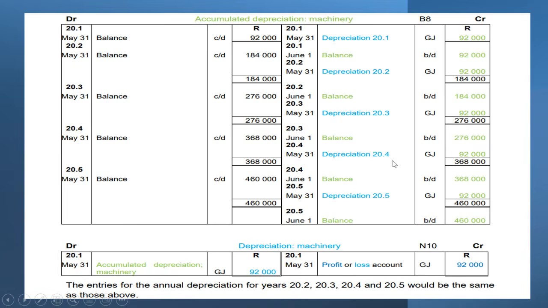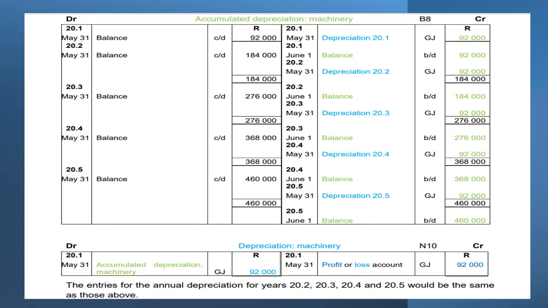You will repeat the same until we get to 460,000, and then we have here 460,000 both sides. Then at the beginning of the next financial period, you will have that balance brought down of how much? Of 460,000. So that's how you do your accumulated depreciation account in the general ledger.